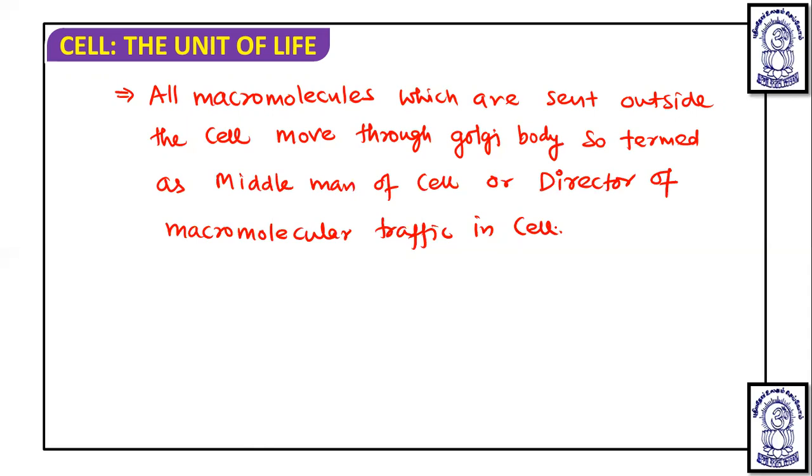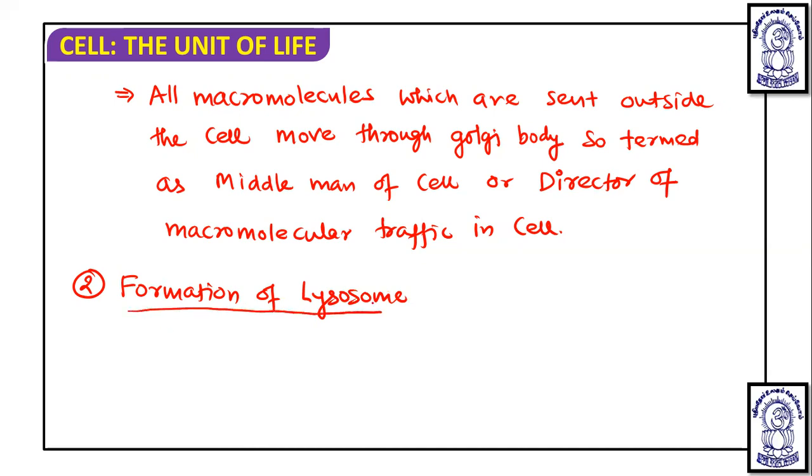Okay, after this, the second function is formation of lysosomes. So lysosomes are formed by the Golgi body. It is not its only function, but the Golgi carries out this function in association with the ER. So it is known as a collective function of the Golgi body and ER.